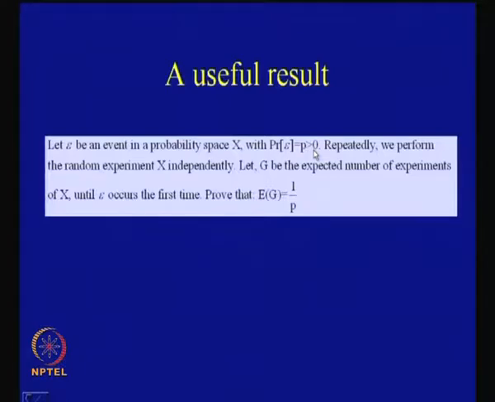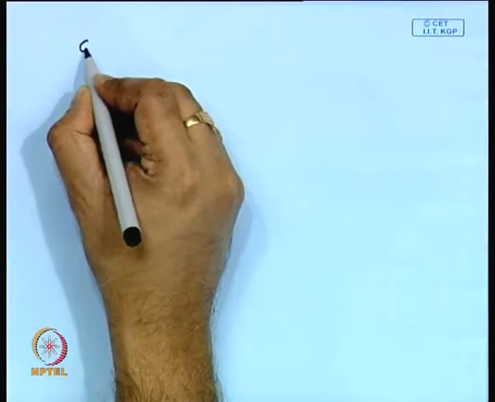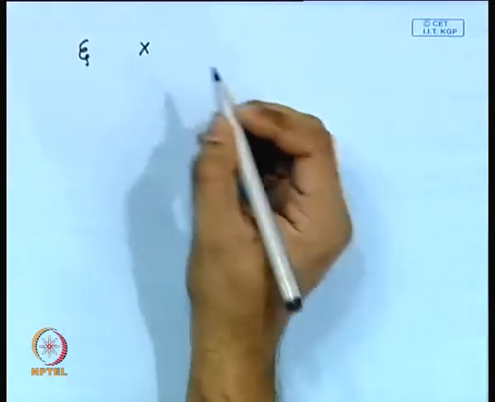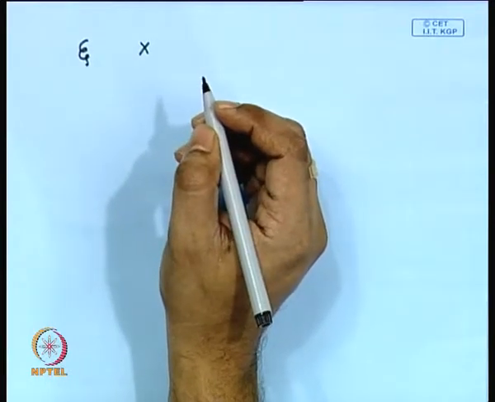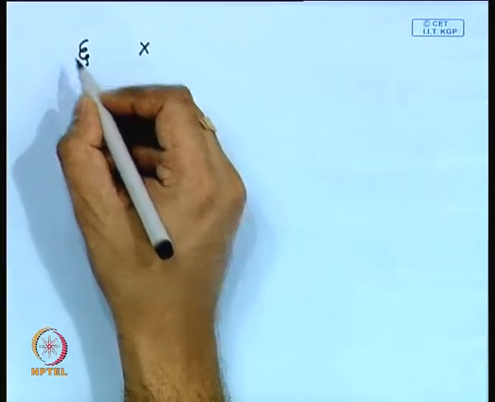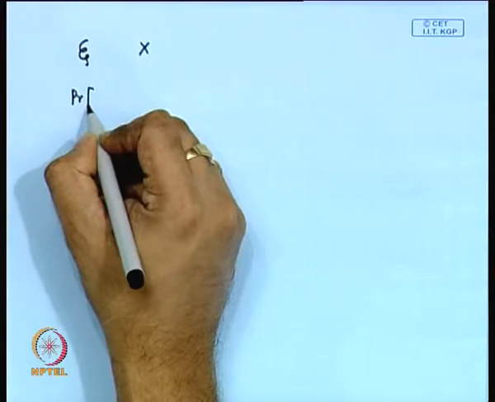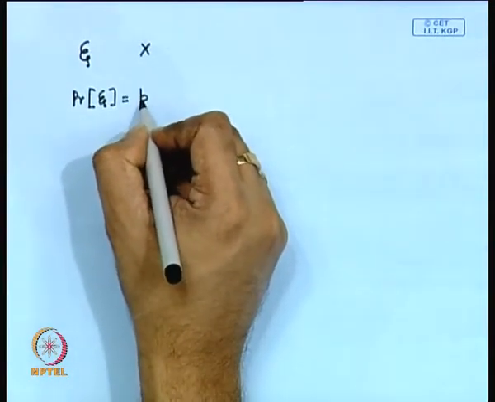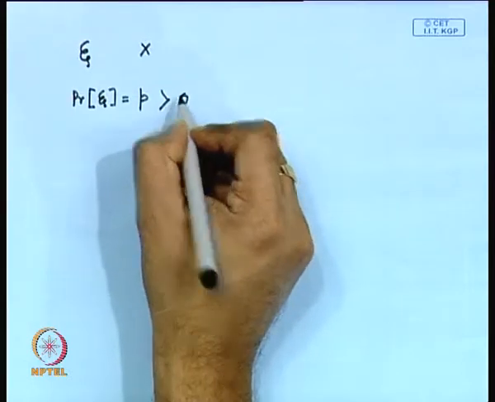And we repeatedly perform the random experiment X independently. So there is an event epsilon and a probability space X, and the probability that this event occurs is given by p, where p is some non-zero value.